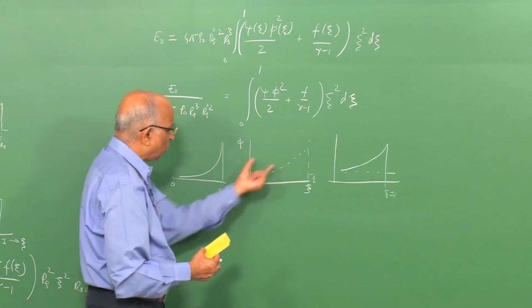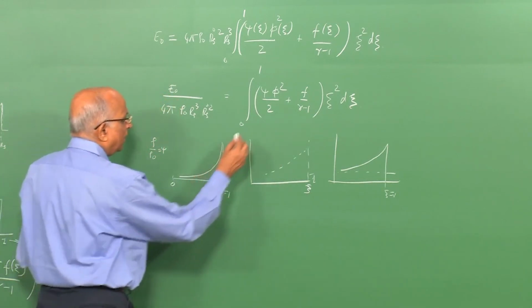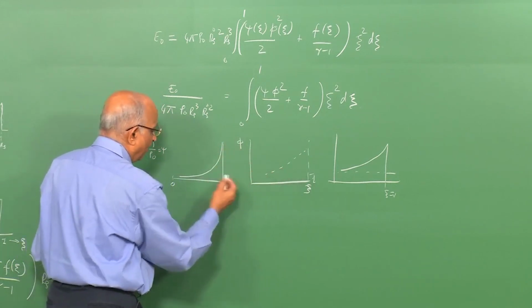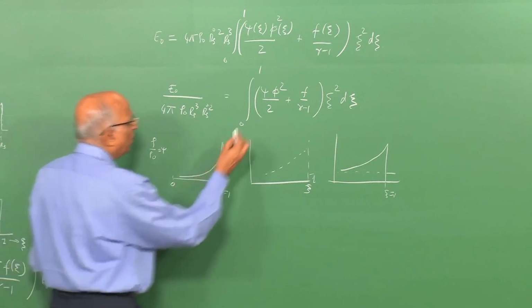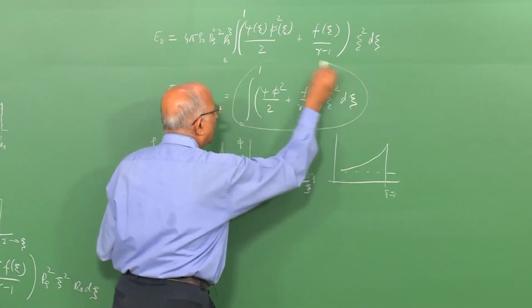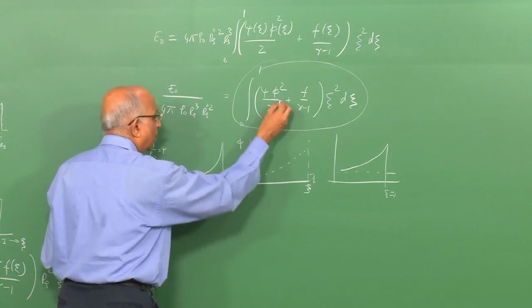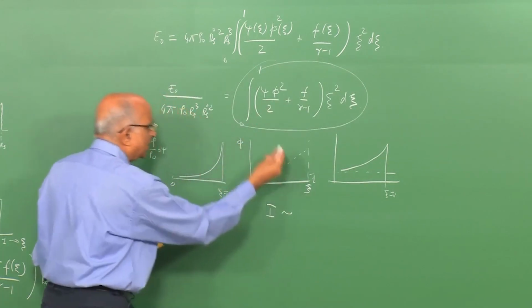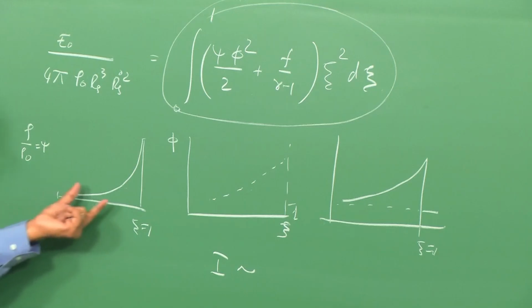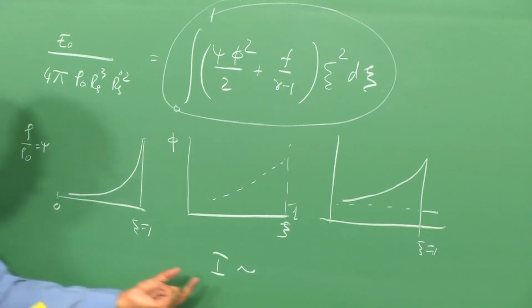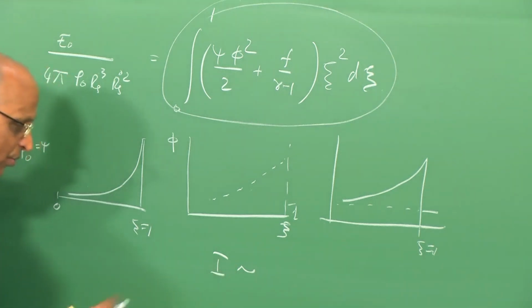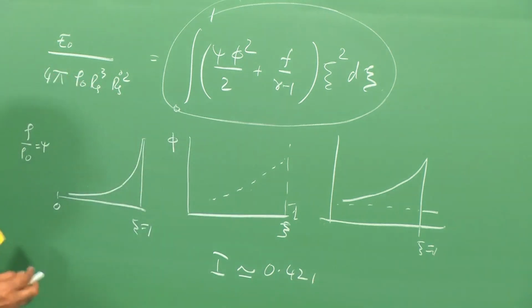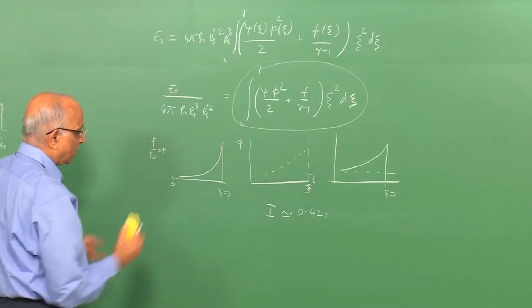We can always get these slopes, and therefore, if we are talking in terms of strong shocks, well, the jump conditions at zeta is equal to 1 do not really change with the Mach number, and therefore, we would expect this particular integral to be near a constant, namely, if I denote this integral by, let us say, I, it should be near about a constant, and if we really calculate these things using different numerical methods, or as I said, maybe a perturbation method, or let us say the similarity solutions, I get I is equal to around 0.421 for the case of the spherical wave which we are considering.